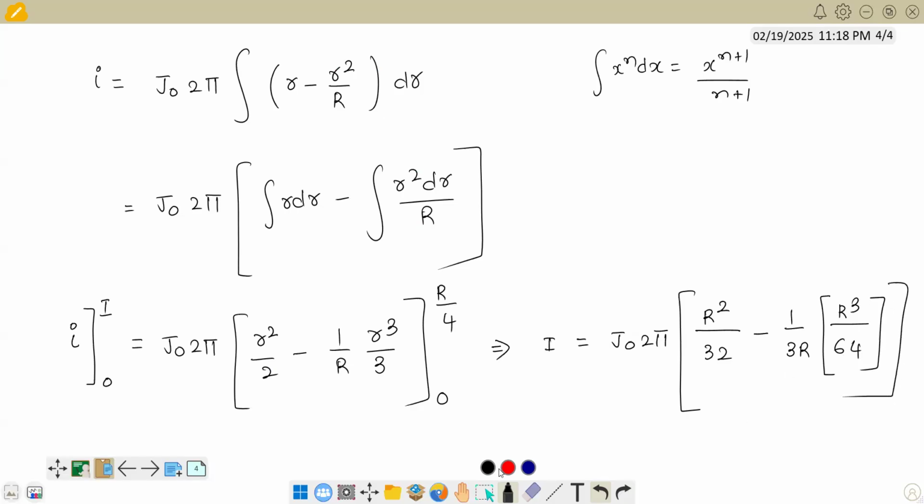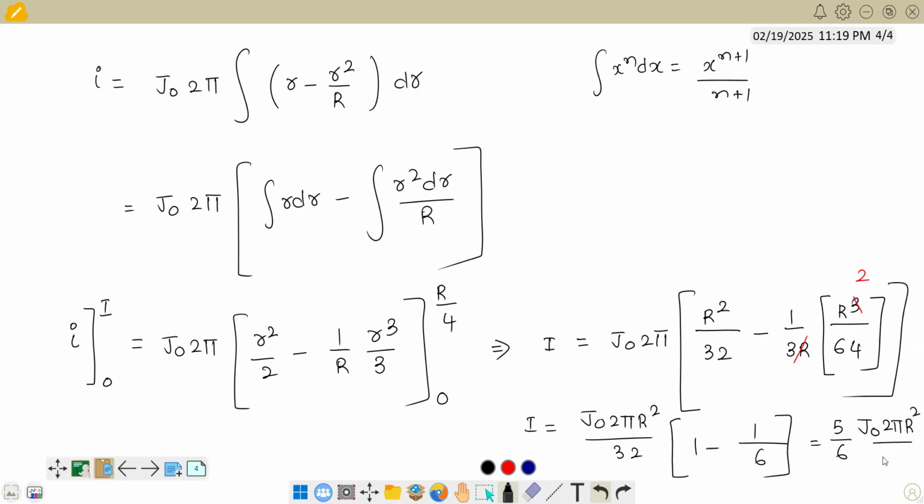So we can cancel this R and this R square. So finally we'll get I equals J naught 2 pi R square. I think we can even bring 32 outside. So I'll get 1 minus 1 by 32. If I simplify it, 32 2s are 64, 3 2s are 6. So you'll get basically 5 by 6 J naught 2 pi R square divided by 32. This is the final expression we got.